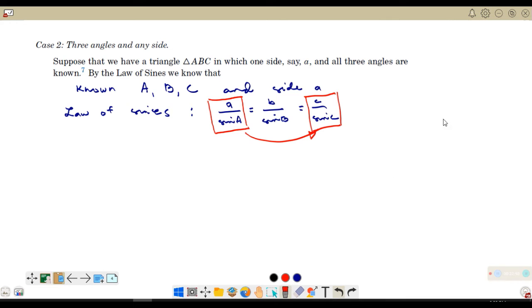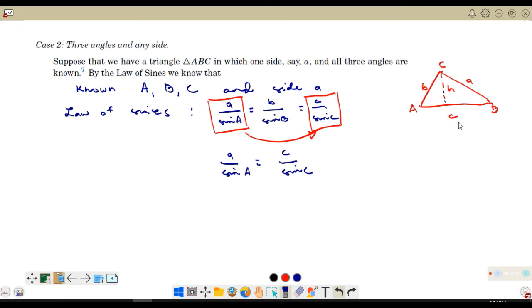Di ba, dun sa una nating triangle kanina, meron tayong A, B, C. Ang base natin ay si C. Tapos, ito ay si side B, ito ay si side A. Ito yung ating altitude na H. So, using the law of sines, we have A over sine A is equal to C over sine C. The problem here is, if your altitude is meeting side C, yun ang magsisilbing base.